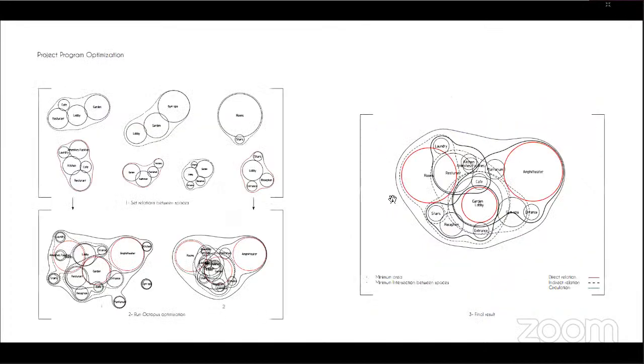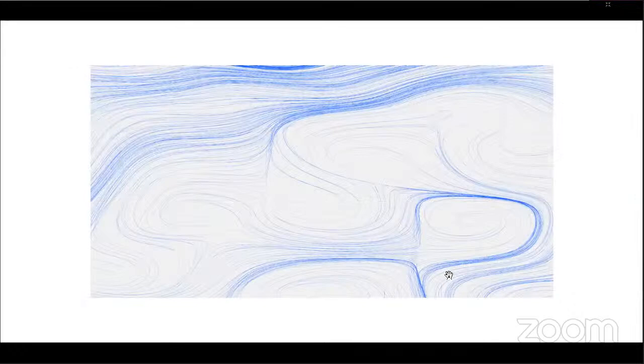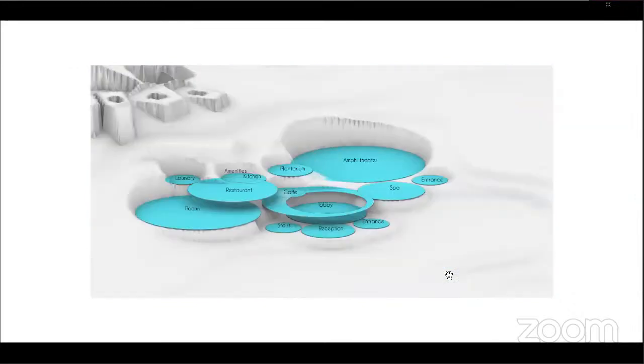And here I was optimizing the building program with the dynamic and static spaces. The red ones are the static spaces and the others are dynamic, trying to get the minimum area and the minimum intersection between the spaces. Then here a zoom in. I get the outline, then this is my building program, the final one.